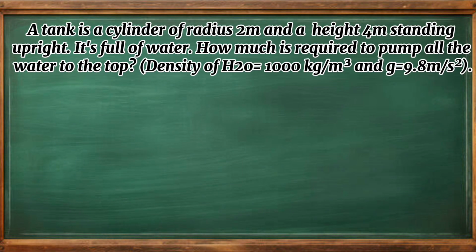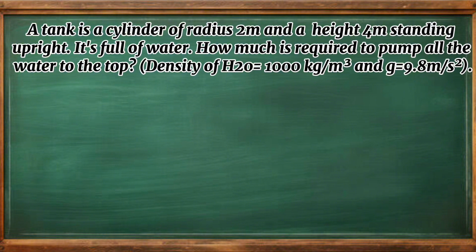Let's try an example. A tank is a cylinder of radius 2 meters and a height of 4 meters standing upright. It's full of water. How much work is required to pump all the water to the top? First, we must draw our problem so that we can easily identify how to solve it.